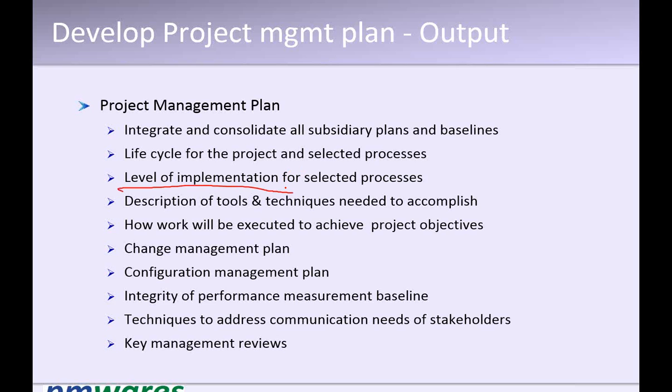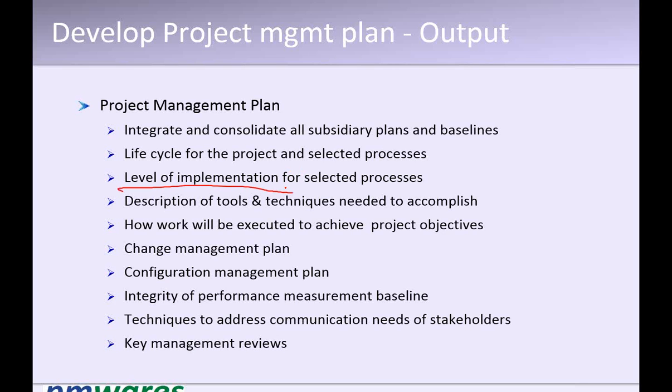You see that we have so many processes, 47 processes in project management in this PMBOK. Do you think all 47 are applicable to all the projects? No. So we need to see that in a small project the level of implementation is not that deep, while in a big project we may implement all 47 processes.